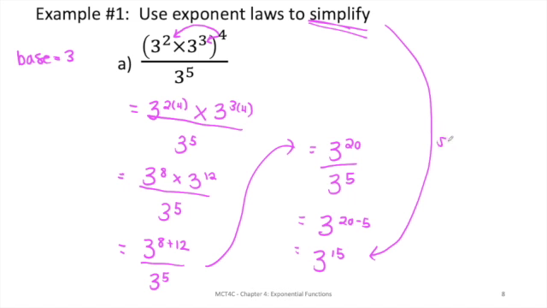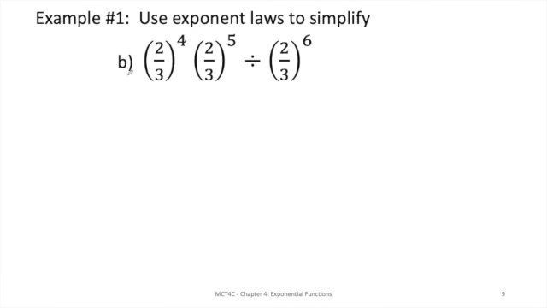So do not evaluate. That means no putting it in your calculator, okay? So you're left with 3 to the 15 as a power, okay? Hopefully that example is okay. We'll go on to the next.